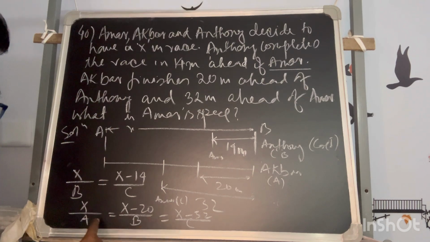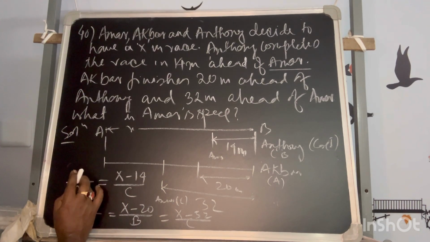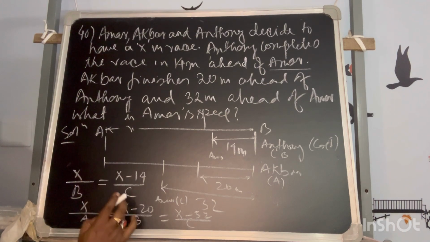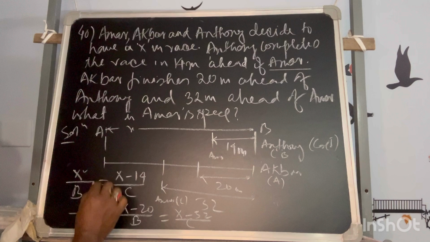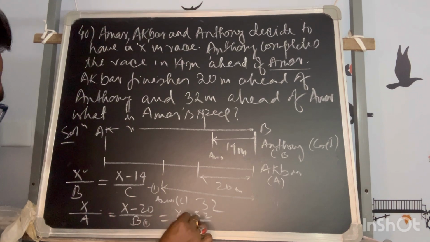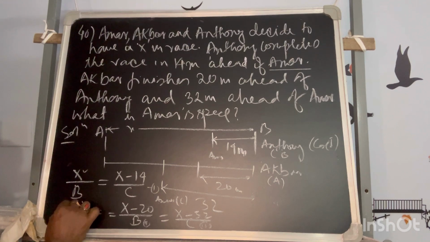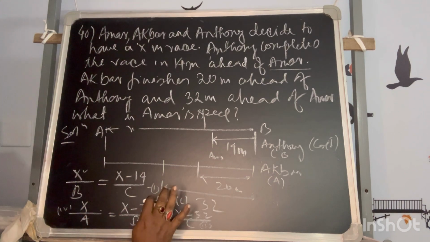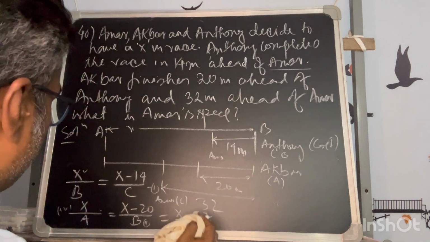There are 4 equations and 4 variables, so you can calculate X, A, B, C. I am not going to solve it, I am leaving it with you because I don't want to waste time.